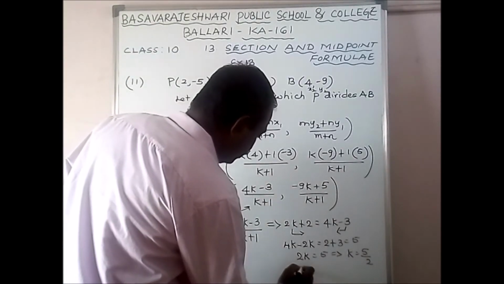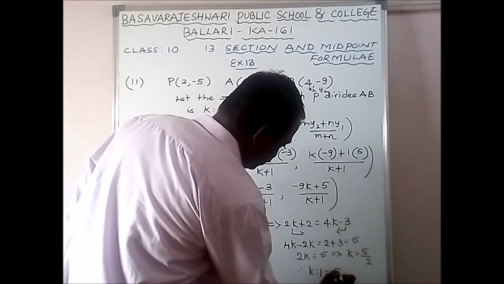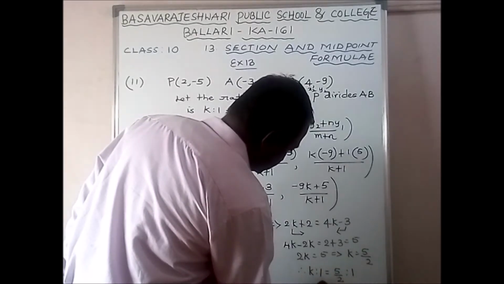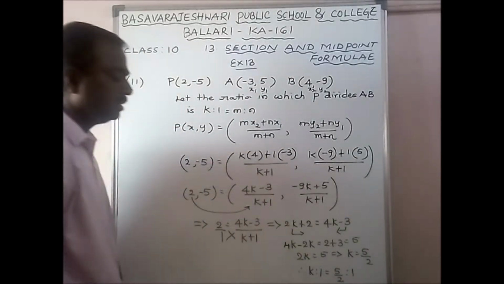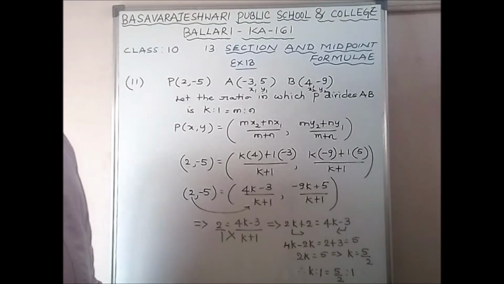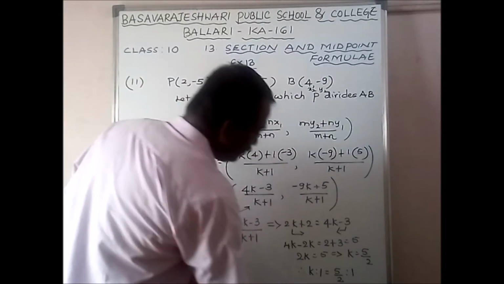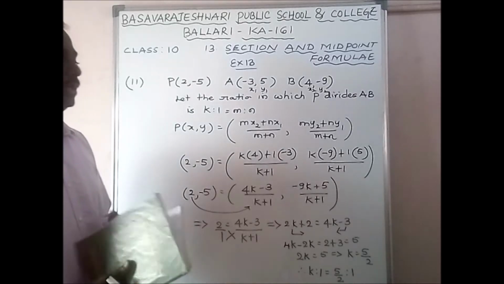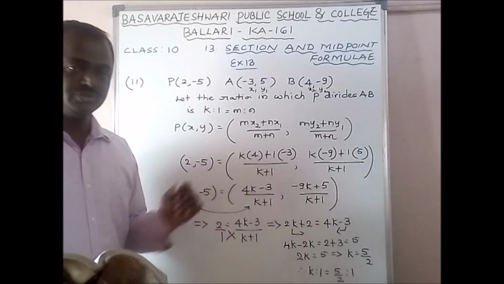Therefore the ratio is k is to 1, which implies 5/2 is to 1, which implies 5 is to 2. That is nothing but 5 is to 2. So P divides the line AB in the ratio 5 is to 2.